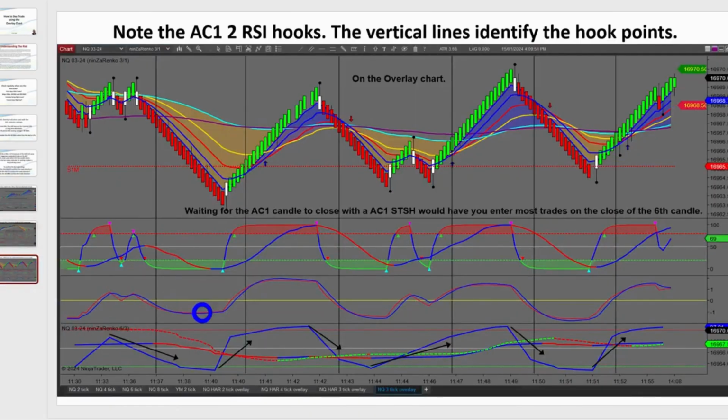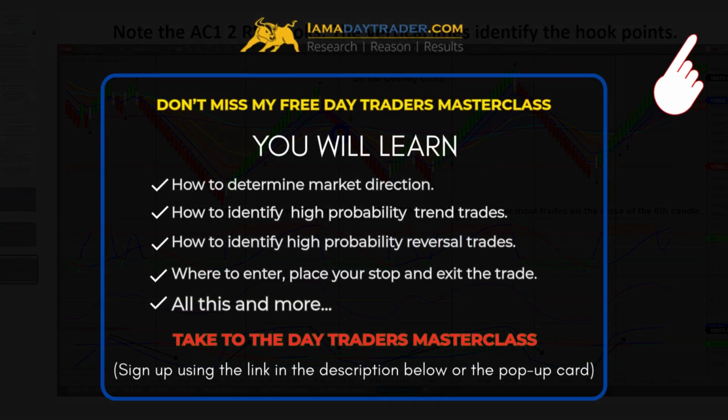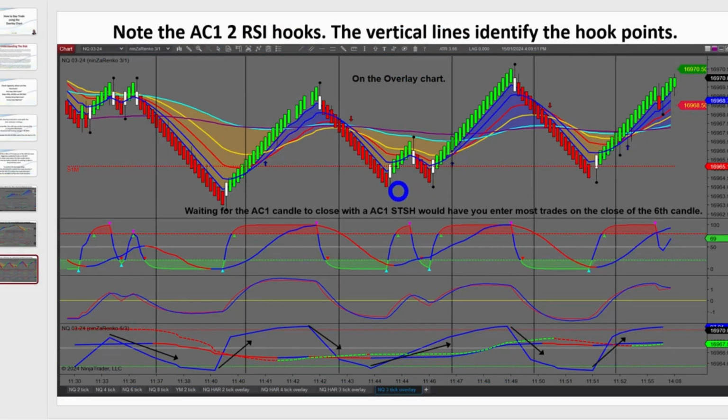So what we've got here is I've just marked up where exactly the hook would have appeared on your anchor chart 1. So it wasn't until here that you would have had your anchor chart 1 candle actually close. So not there, but here. And so just there.